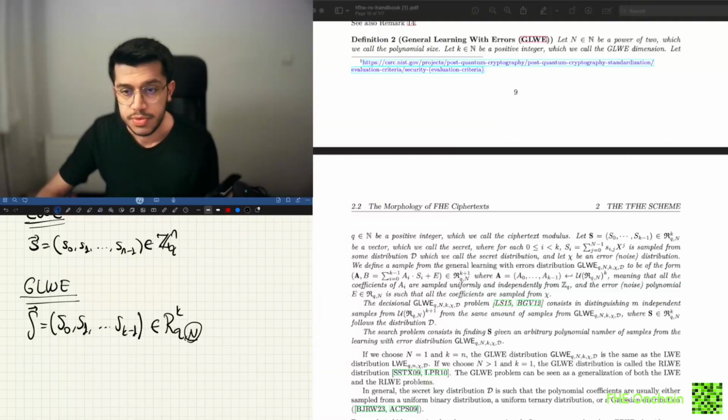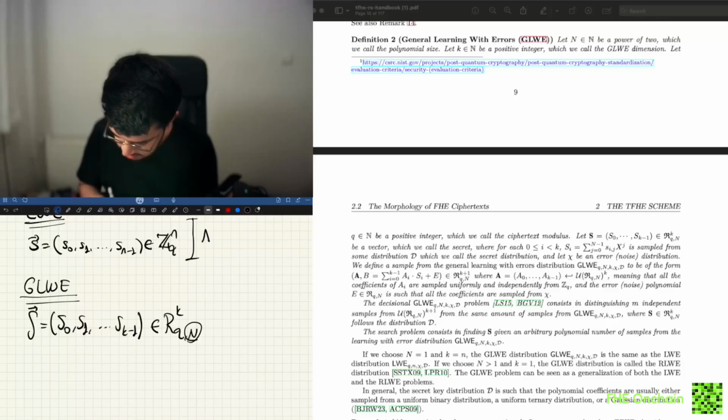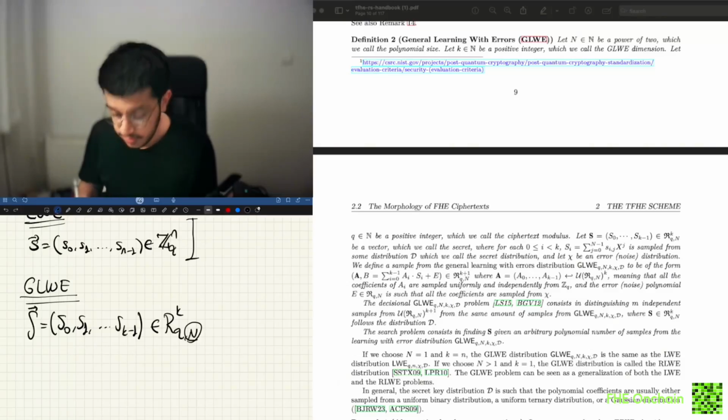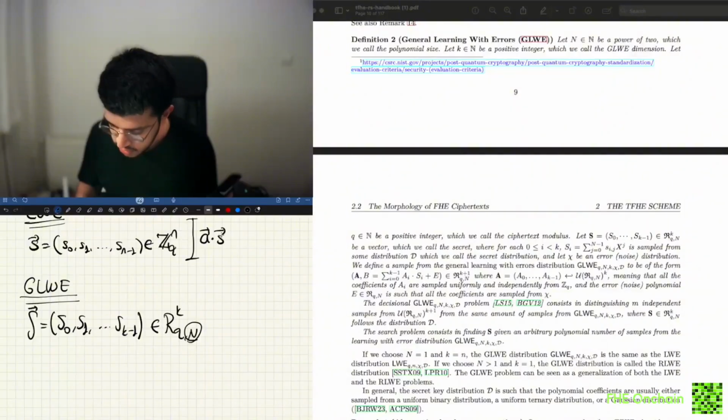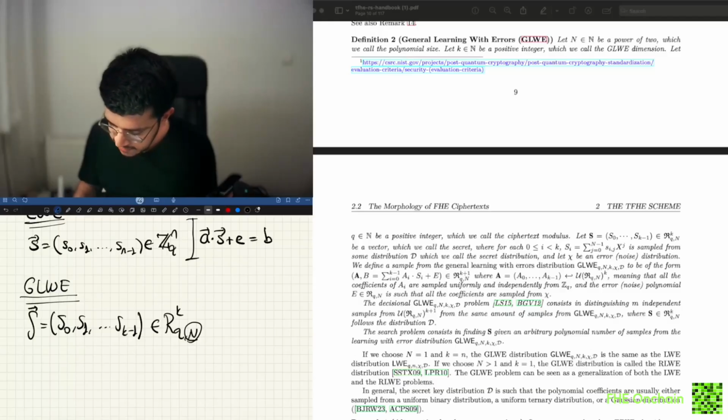But this time, while calculating it in LWE, we have a randomly sampled vector a, not capital, obviously, a dot s plus a noise will give b.